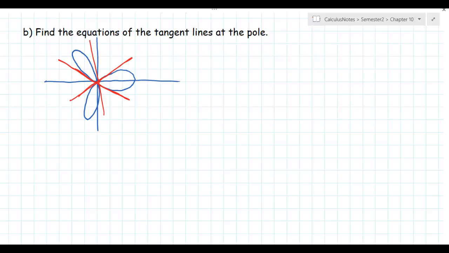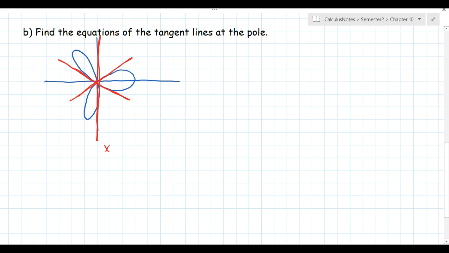Can somebody raise your hand and give me the equation of one of these tangent lines? Kevin? x equals 0 is correct. That is a vertical one. This one that I drew a little bit slanted is actually vertical. Okay, that is a vertical tangent line.